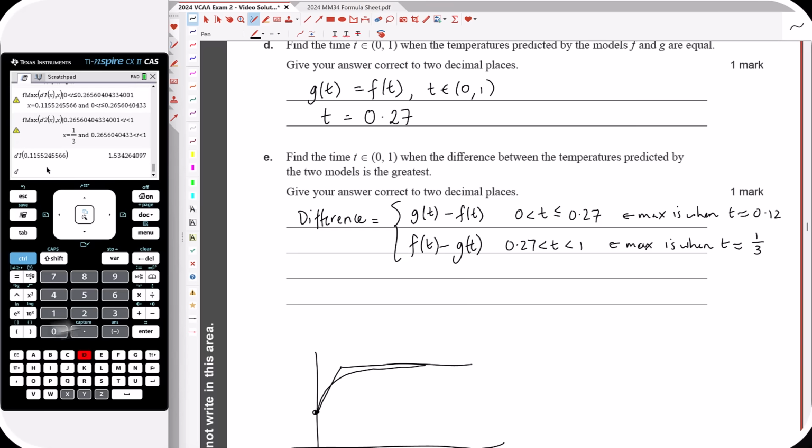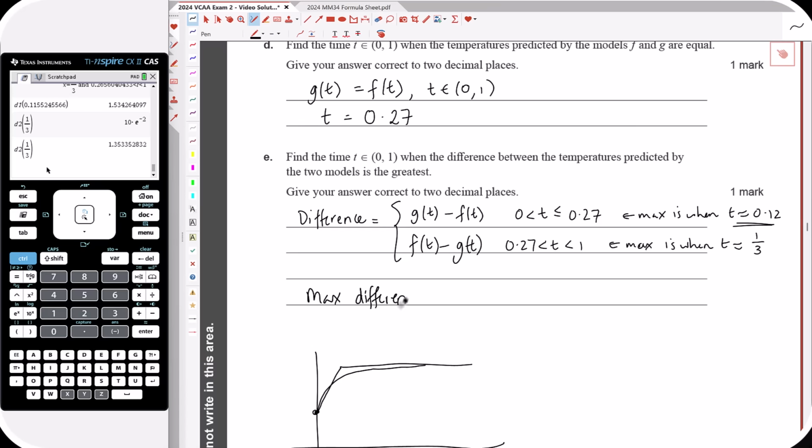And we also want to know distance 2 at 1/3. That's the difference. Okay, so the maximum difference is this one in the first part of the function. So max difference, which is 1.53 degrees Celsius.